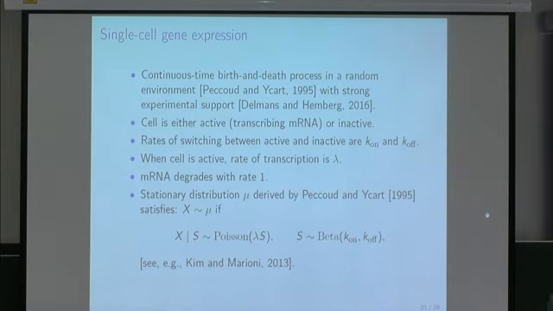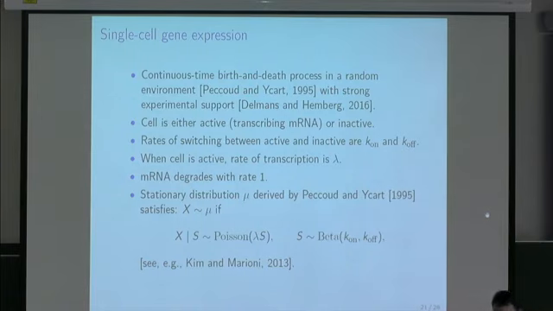In this model, a cell is either active, which means it's transcribing mRNA, or inactive, which means it's not transcribing mRNA. The rates of switching between the active and the inactive state are k on and k off, and when the cell is active, the rate of transcription is lambda. We assume that mRNA degrades with rate 1, because if you give it a different rate, you're just dividing all of these other rates by that quantity.